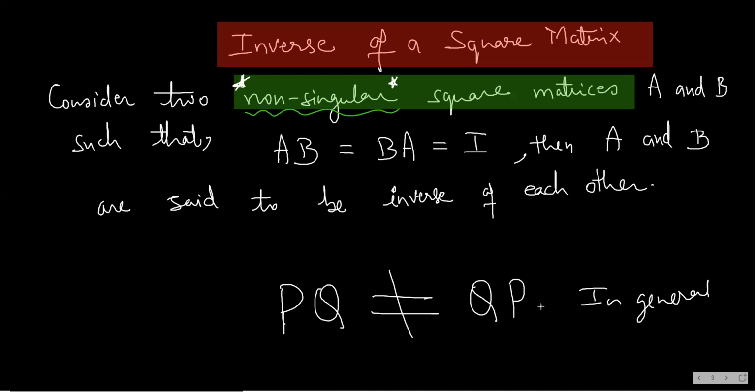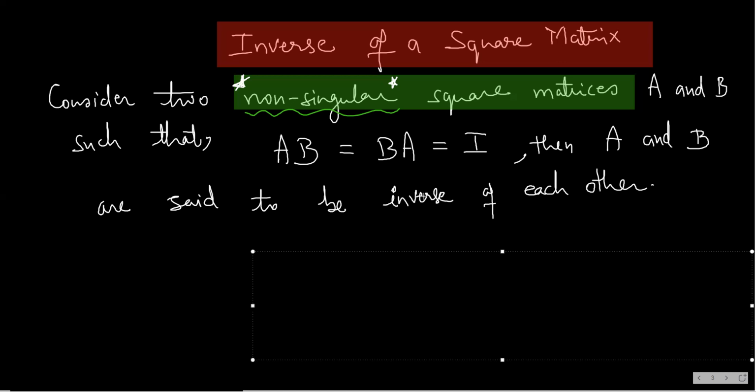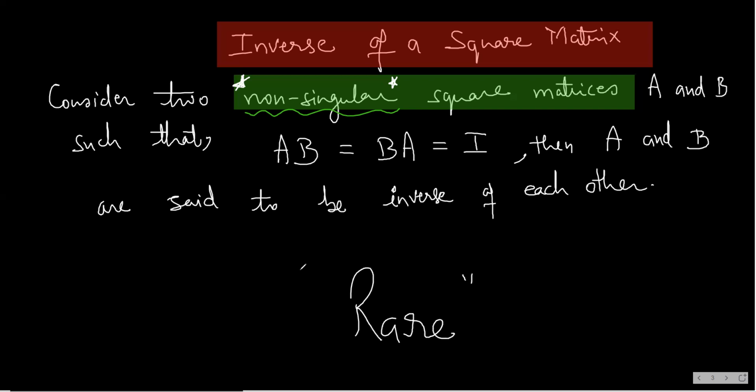Sometimes it may be equal, and that is what is being said here. Okay, this is a rare thing. You understand the meaning of rare? Rare is something which does not happen all the time. It's a rare possibility, but then it is happening here.